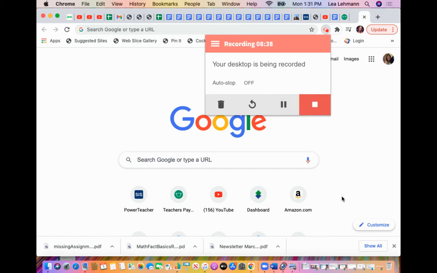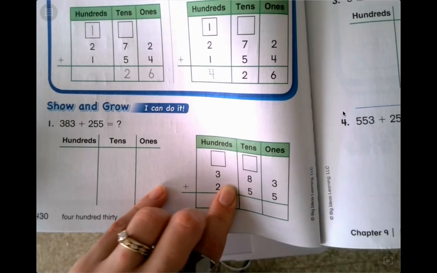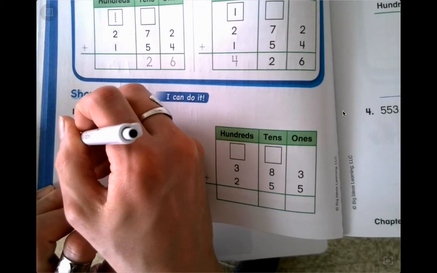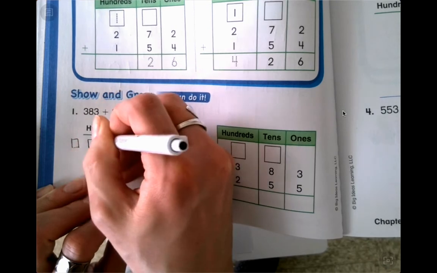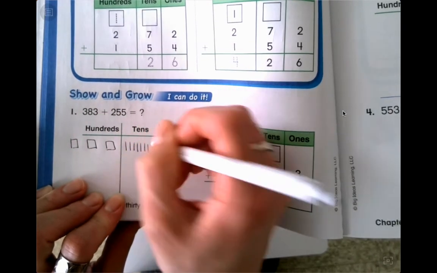There we go. So for our answer, I'm going to draw it. We draw in our first number. So we have 300. We have 80. 1, 2, 3, 4, 5, 6, 7, 8, and 3.